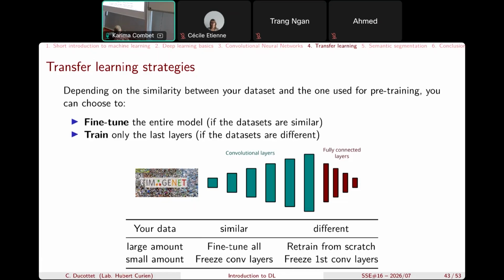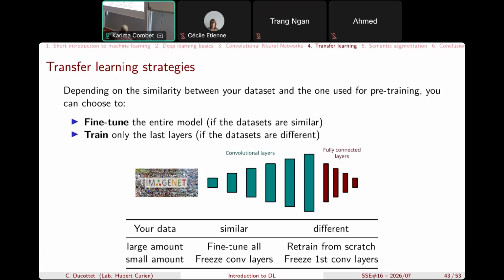I don't remember. So either you fine-tune all the layers. Yes, it's similar or different. Yes, it's from the class.